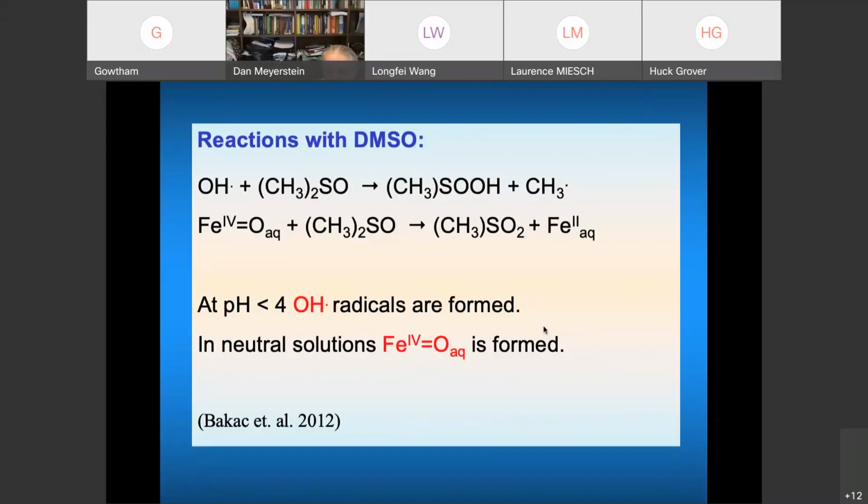On the other hand, she has proven previously that iron 4 oxide in water, I write AC because I don't know what the charges are and so on, reacts with dimethyl sulfoxide to form dimethyl sulfone and iron 2.